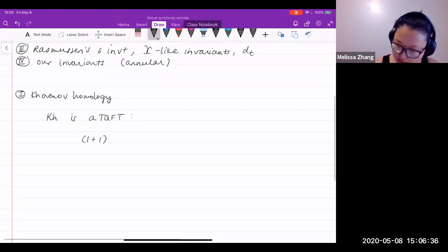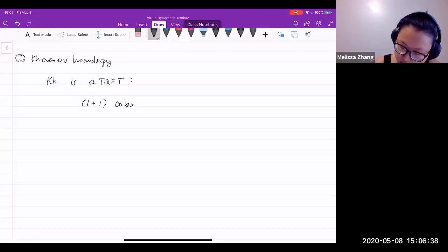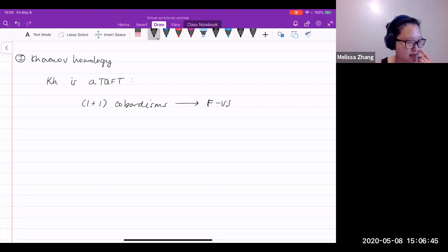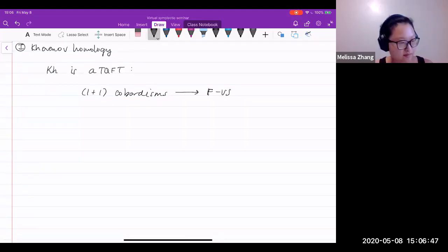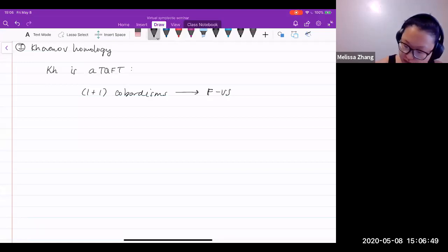So the 1+1 cobordisms to, and we'll just say F vector spaces. It's actually more general than this, but let's just say F is a field for now to make everything easier. So you really have a two-dimensional Frobenius algebra.